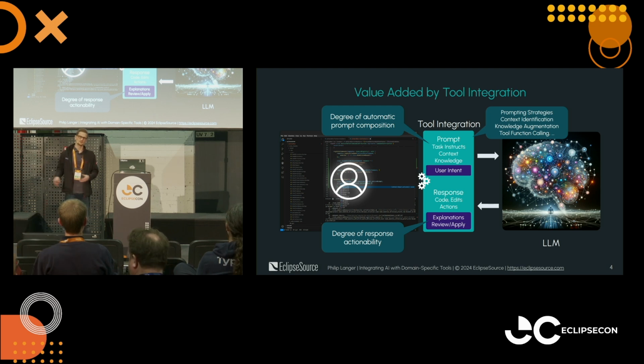And on the other side, they want to maximize the degree of response actionability, in the sense that you as a user are basically just one click away from applying the suggestions that the LLM provides, in whatever form.